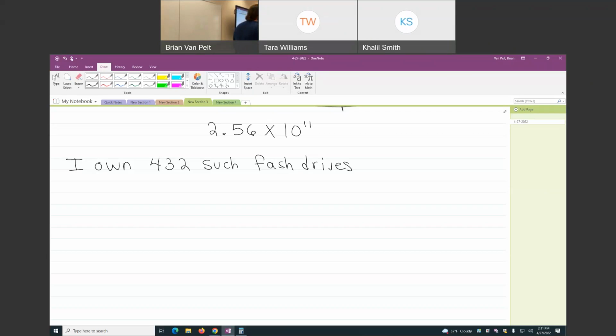So I might fill up a flash drive with 256 albums, or maybe 200 albums. Put it aside, buy a new flash drive. Now I've got 432 of these flash drives filled with music. All right, so I have 432 such flash drives.